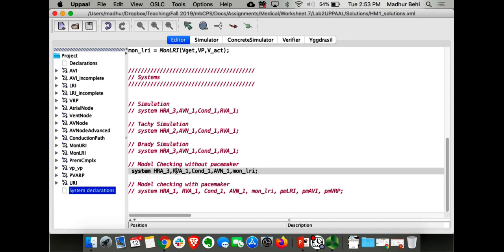It has the regular AV node, conduction, and ventricle, and it has a monitor as well. So everything is the same as my bradycardia, except that I have added a monitor. In fact, before I go to bradycardia, let me just use a regular normal sinus rhythm node. So I've just changed it to HRA1.